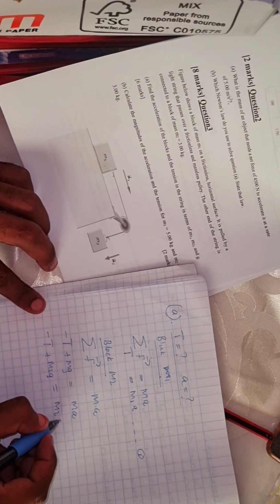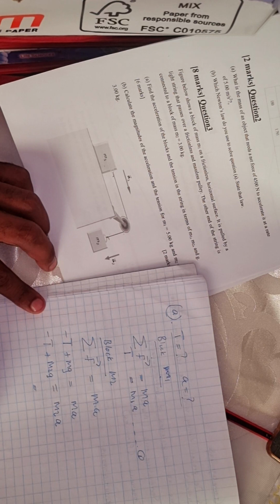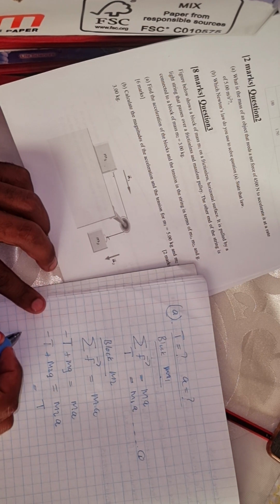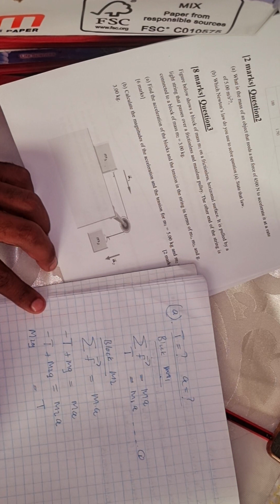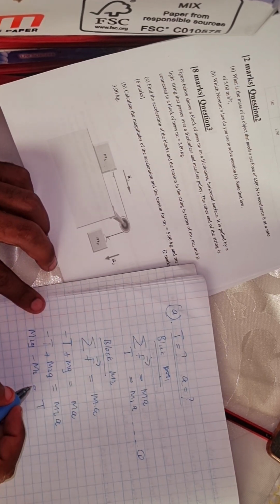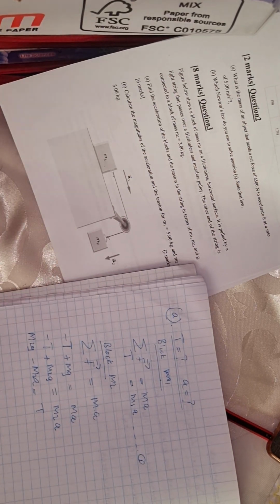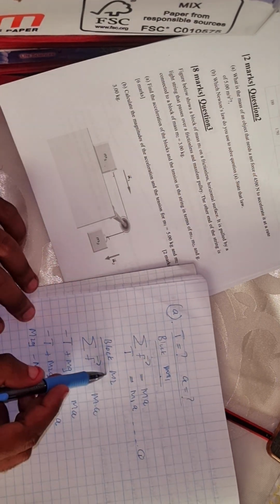It's M2 multiplied by acceleration. And therefore I'm going to make T subject of the formula. I'm going to transpose T to the other side of the equation. I have positive T, and this side I have positive M2 multiplied by G, subtract M2 multiplied by A. And therefore now this will be my tension from block M2.